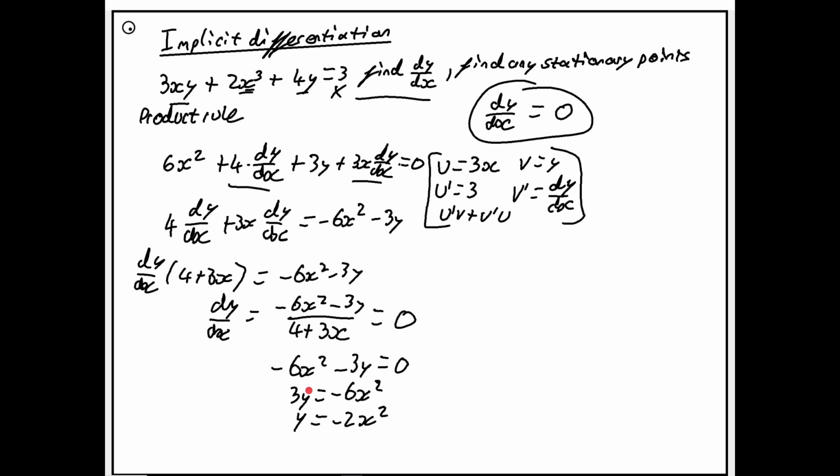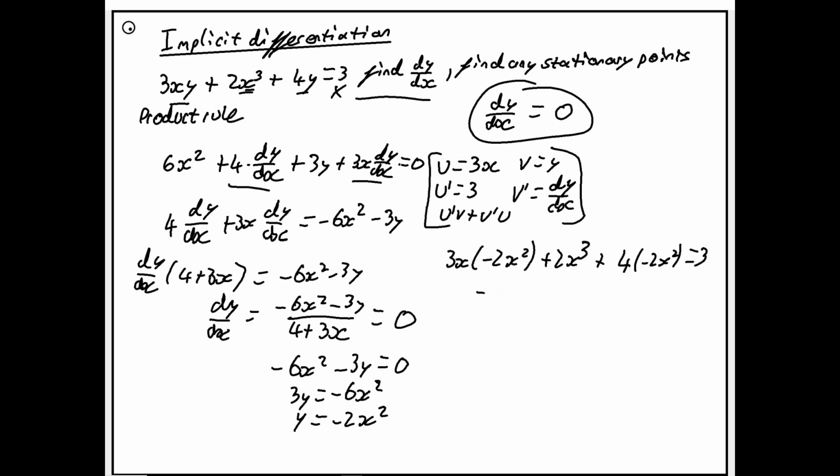So y, subbing back into there, 3x times minus 2x squared plus 2x cubed plus 4 minus 2x squared equals 3.